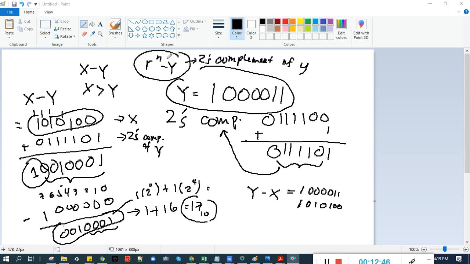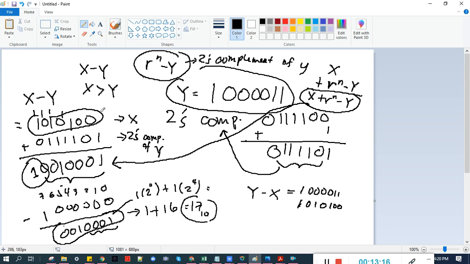So if we add x with the 2's complement of y, which is r to the n minus y, the result is x plus r to the n minus y. This is equivalent to this number here. To get x minus y, we need to remove r to the n.